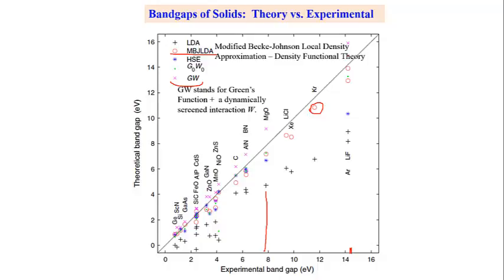This whole list of letters corresponds to, okay, modified Becke-Johnson local density approximation, density functional theory, and so that's the theory that gives you the circles. And GW stands for Green's functions plus a dynamically screened interaction. It's called W. And so those two theories I think you'd find do the best, although these stars do fine down here, but then they fall apart up here.